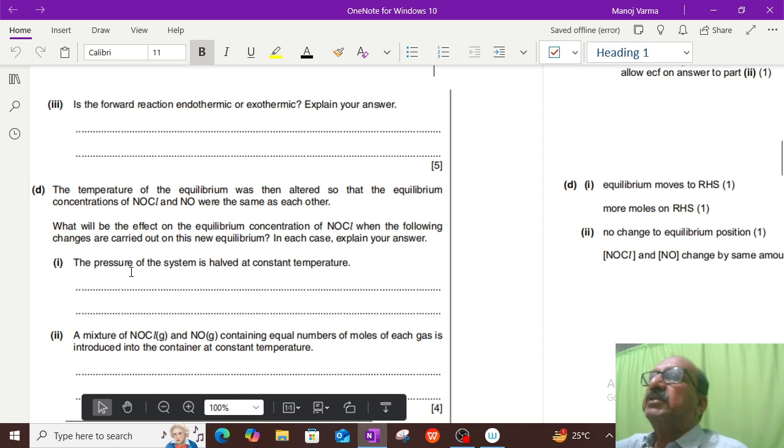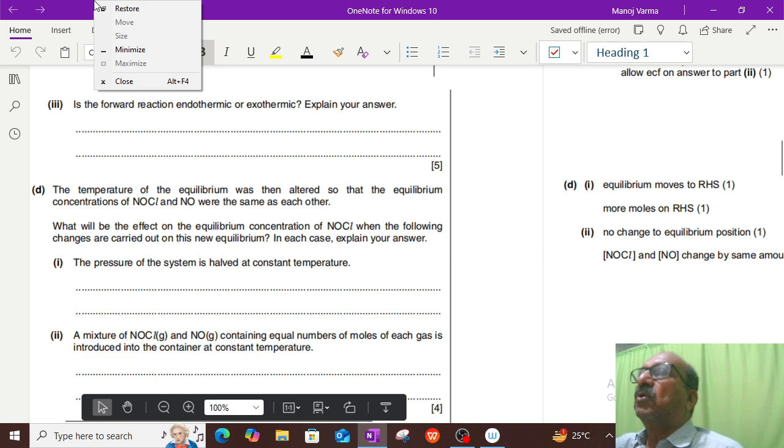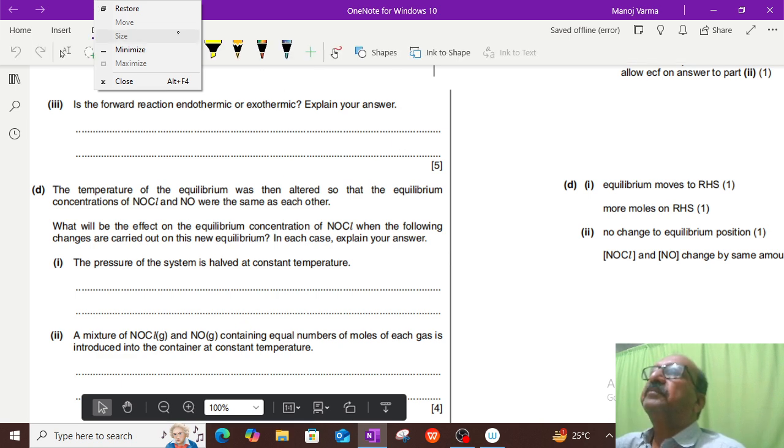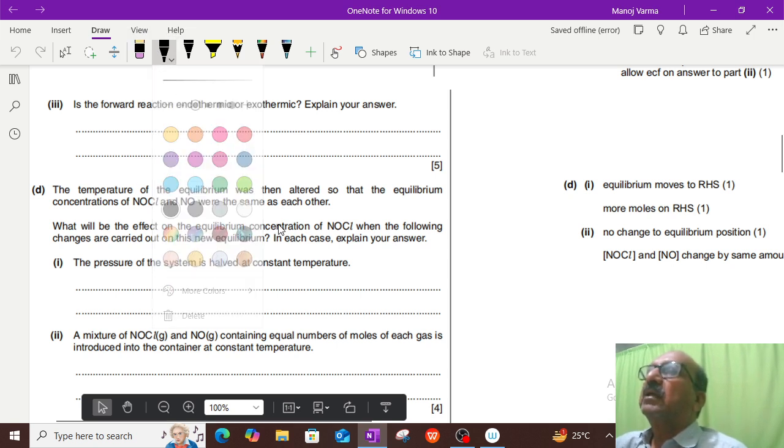So the first situation is the pressure of the system is halved at constant temperature. So the pressure is halved, that means the pressure is reduced. What does the Le Chatelier principle say about that?